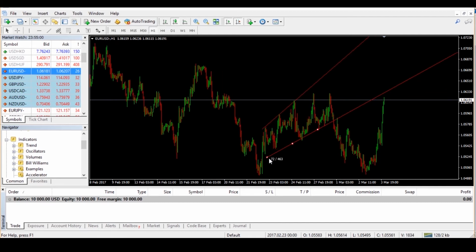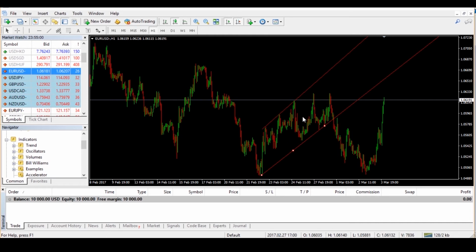So this would be a channel, and the only way to really spot these things is by playing around and seeing what works. So you just want to play around with the shadows and see which forms the closest thing to a parallel line. Sorry, two parallel lines.